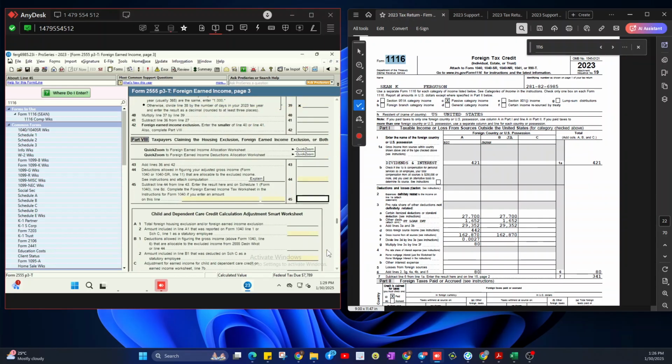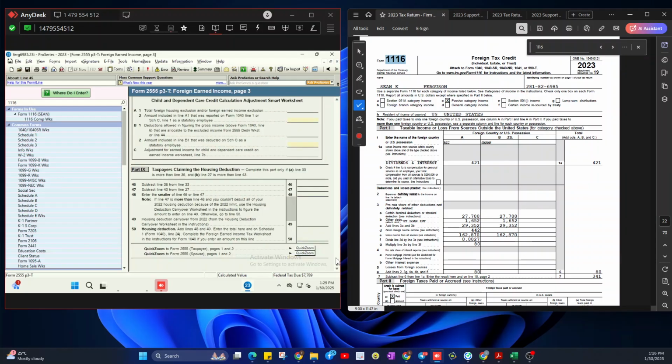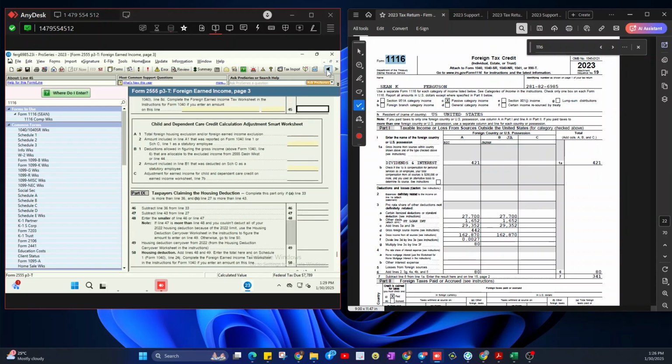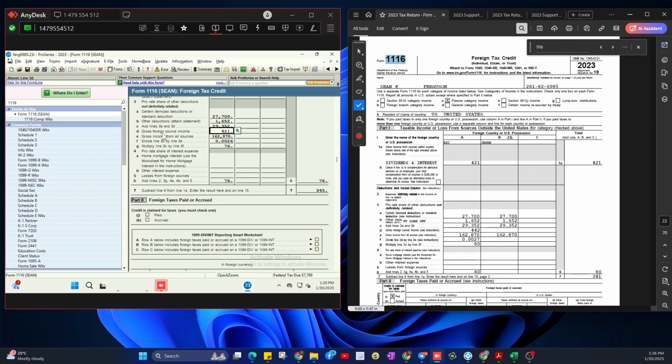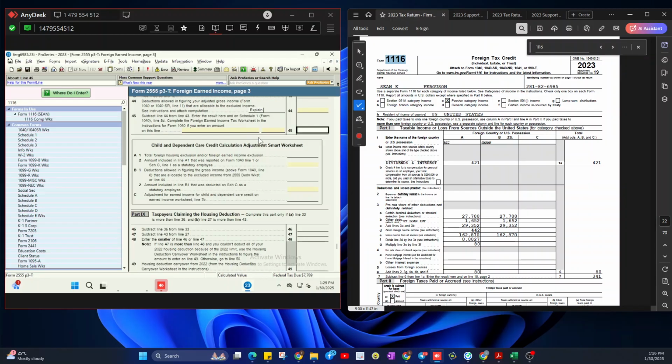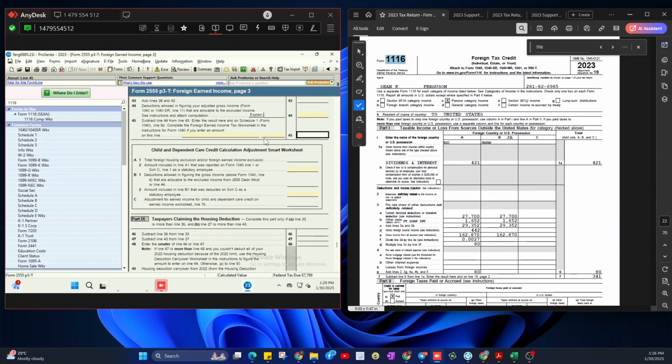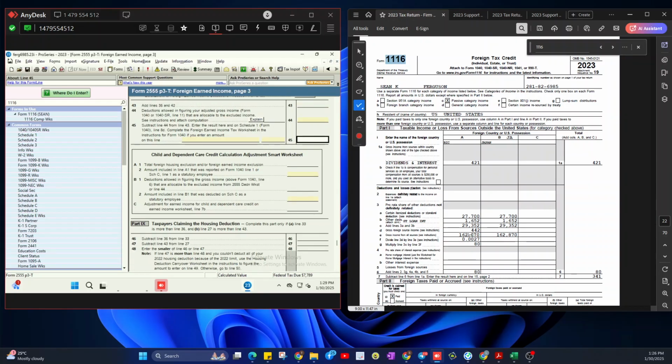Because this is where we get it, 421. Let's go 421. Gross foreign source income 421. Are highlighting it here. But the answer is 442. Where did she get the 442?